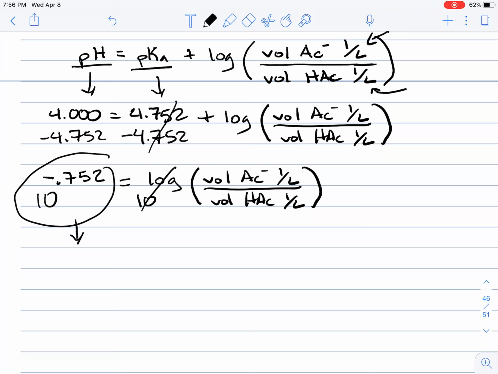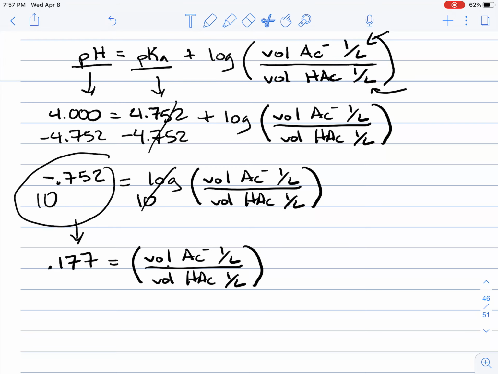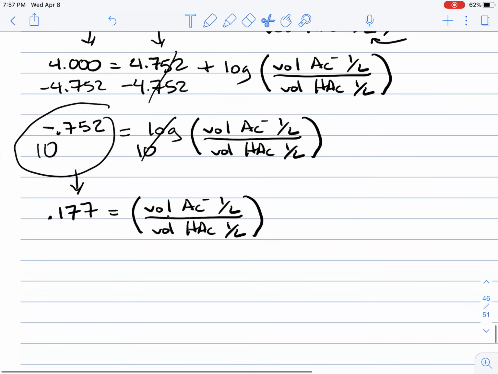And so this value gives me 0.177. And that's going to equal this ratio.